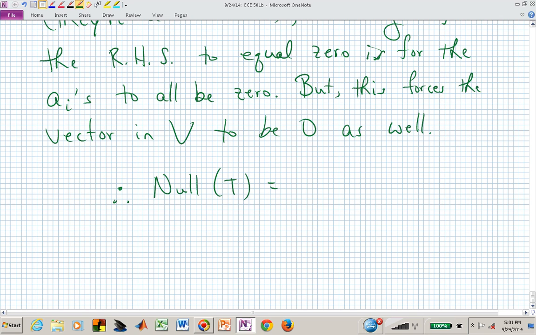That's basically saying now that the null space of T is the 0 vector.